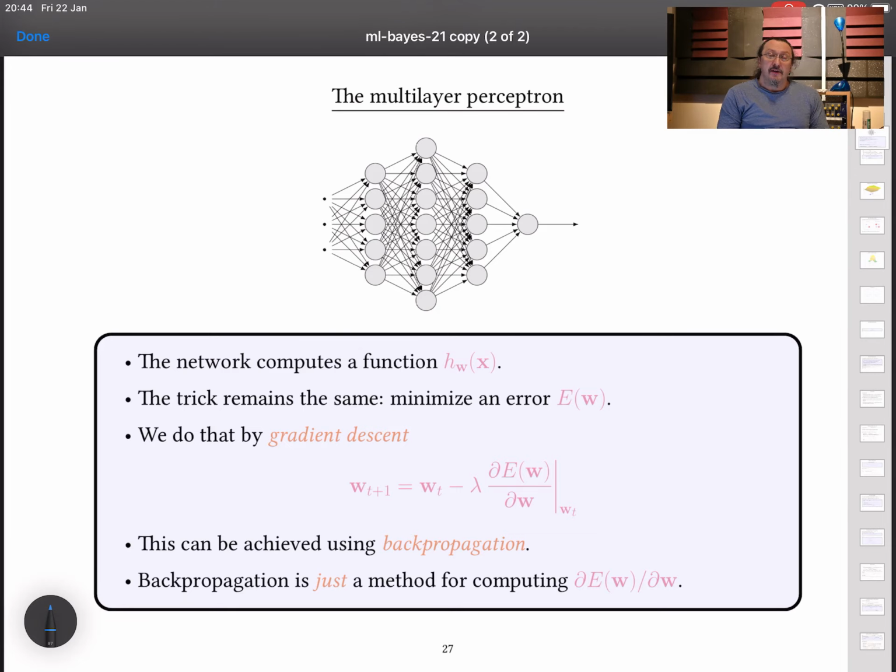Now, it is certainly the case that you probably wouldn't do that using simple gradient descent nowadays. You're probably using something like the Adam optimizer, being probably the current most popular alternative.